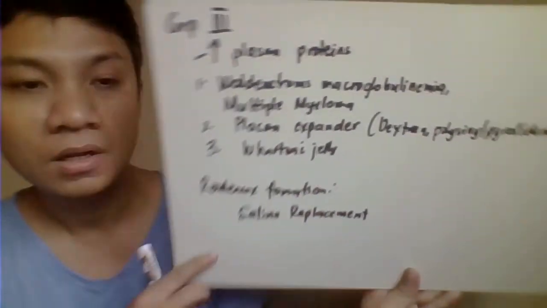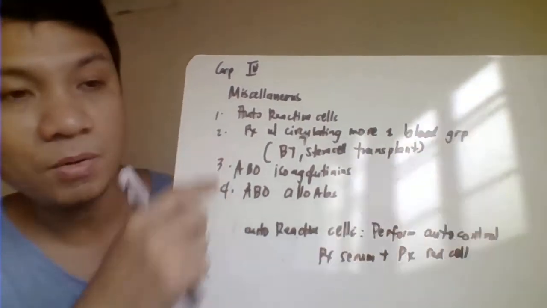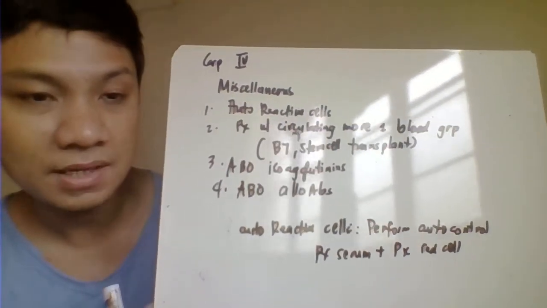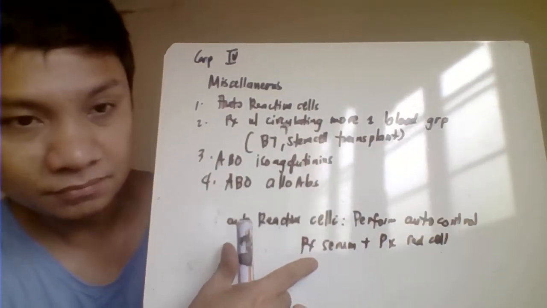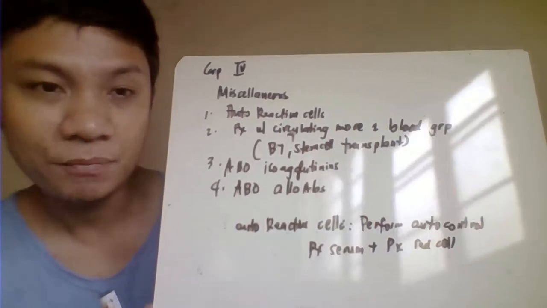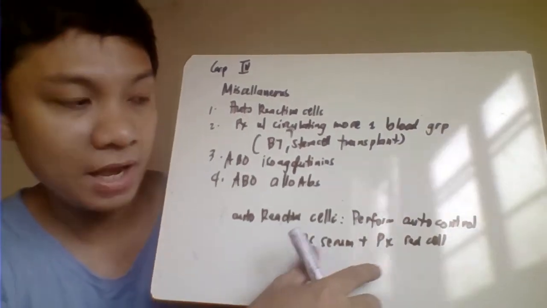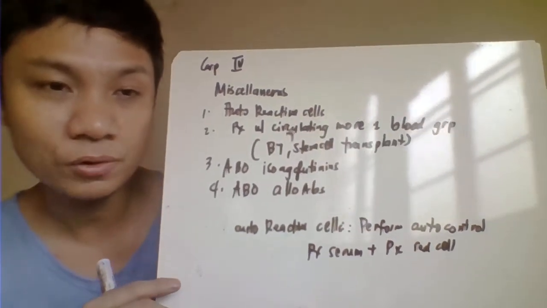Group 4, on the other hand, is due to miscellaneous causes. Related to number 1, the presence of autoreactive cells, so that's your autoantibody, which could be resolved by doing your autocontrol. For the autocontrol, sa patient serum, i-add mo na kanyang patient red cell. Kung magkaroon ng agglutination reaction, so may autoreactive cells.